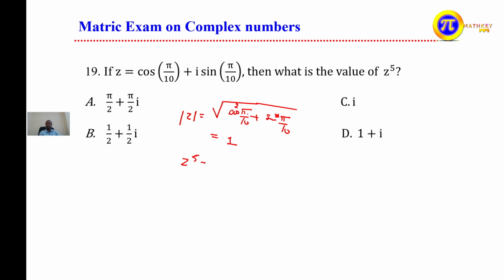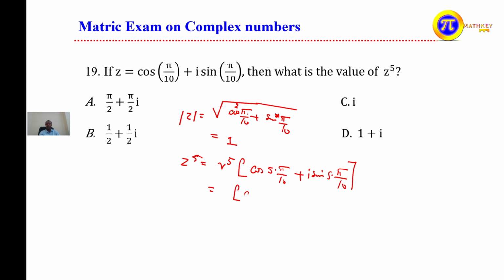Which is equal to r to the power of 5 times cos of 5 theta, that means 5 times pi over 10, our theta, plus I sine of pi over 10 times 5. So r to the power of 5, that is 1 to the power of 5, is the same, 1.